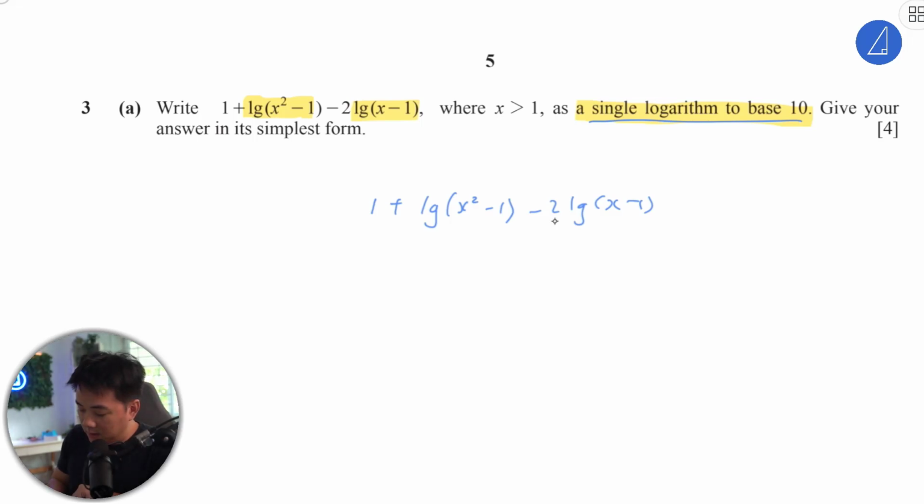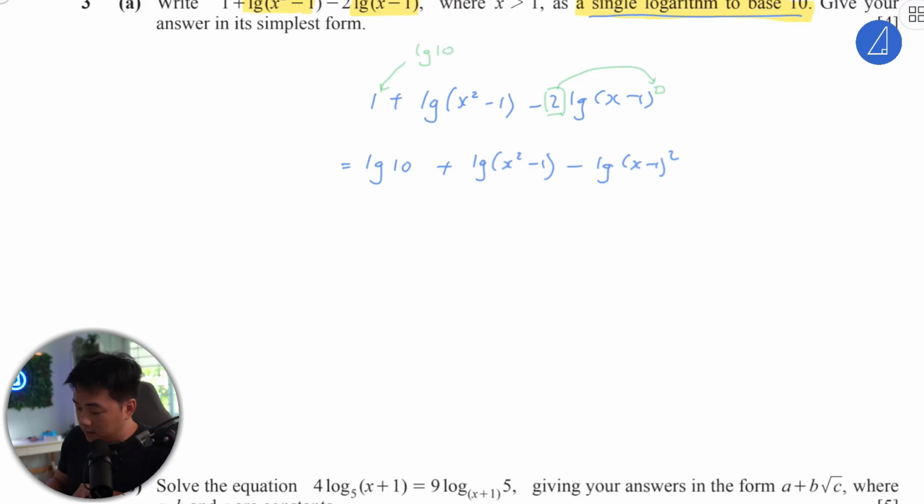So essentially just understand that we could use the power rule. These two could be brought up here. And 1 is nothing more than just lg 10. Right. So that's a base of 10. That will be lg 10 plus lg of x squared minus 1. Then this is lg of x minus 1 squared.